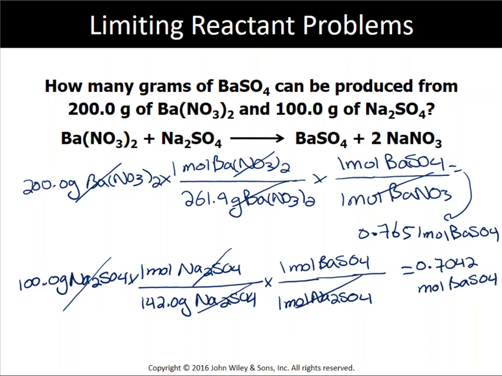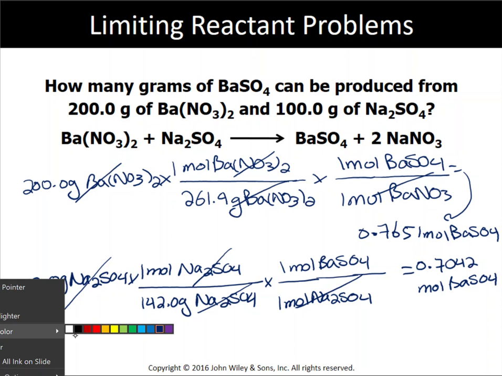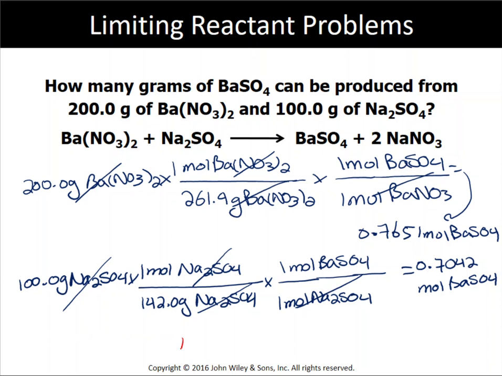Now this tells me that you don't get the exact same amount of barium sulfate, so this tells me that sodium sulfate is the limiting reactant here. So the maximum amount of barium sulfate I would expect to get is 0.7042 moles of barium sulfate.